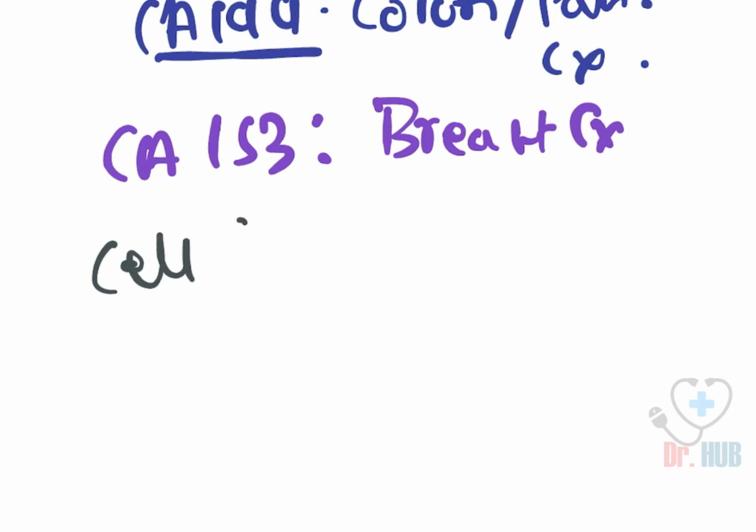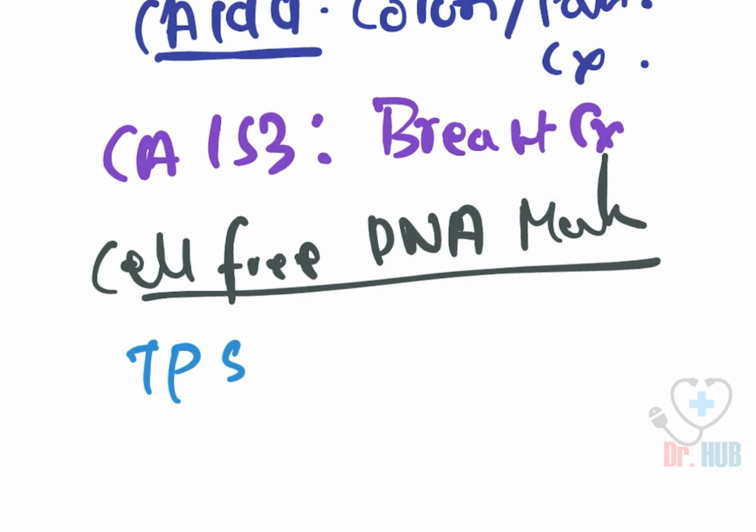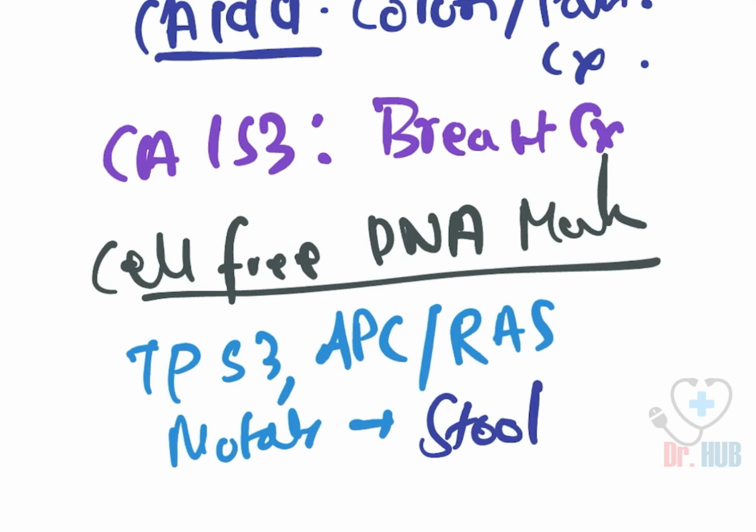Now we look at the cell-free DNA markers. The cell-free DNA markers we are seeing are TP53 and the APC as well as the RAS mutants, and this is seen in the stool as well as the serum. Where is it seen?